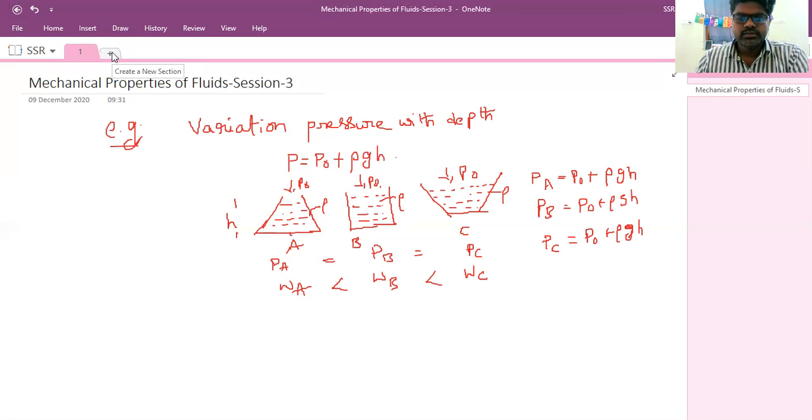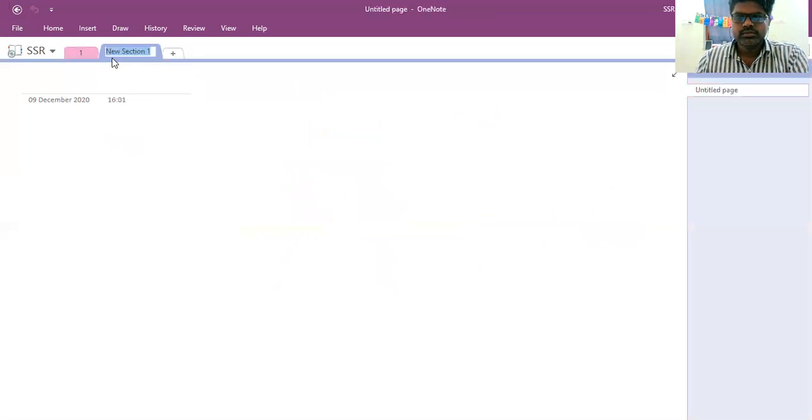Next we will see the variation of fluid pressure or liquid pressure when the liquid is accelerating vertically upward or vertically downward.